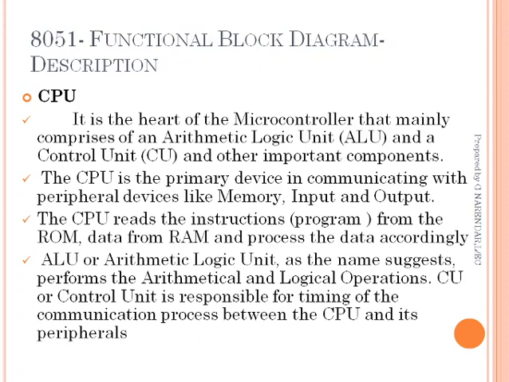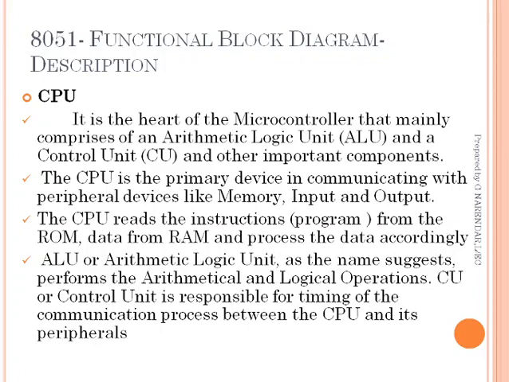The first important functional block is your central processing unit. The microcontroller has the main functional block, the CPU, which forms the heart of your microcontroller. I can say it's not the heart, it's the brain of your microcontroller. For a human body, the brain occupies very little space, yet it controls every part of your body, right?